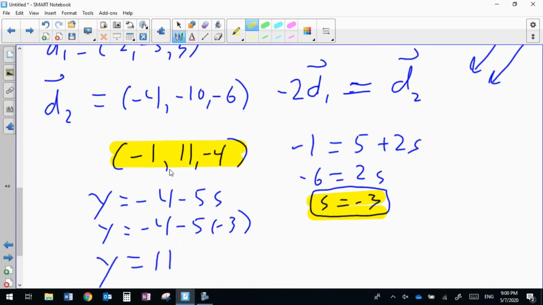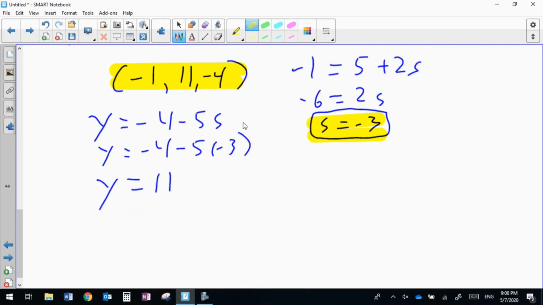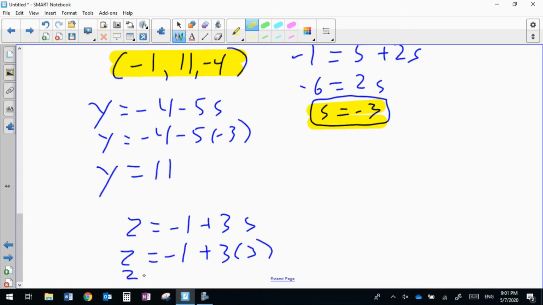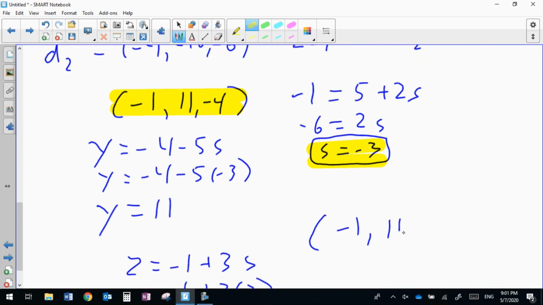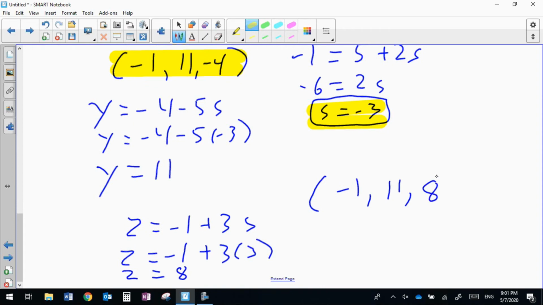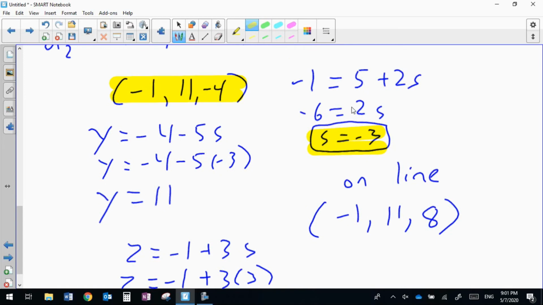Well, that's good. How about z? z is -1 plus 3s, and we've said that s must be -3. So -1 plus 3 times -3, z is equal to -10. So the answer is no. Reason being, in this step right here, we realize, look, if x equals -1, that only happens when s equals -3.